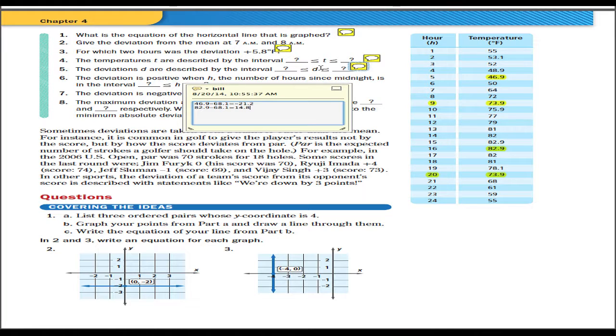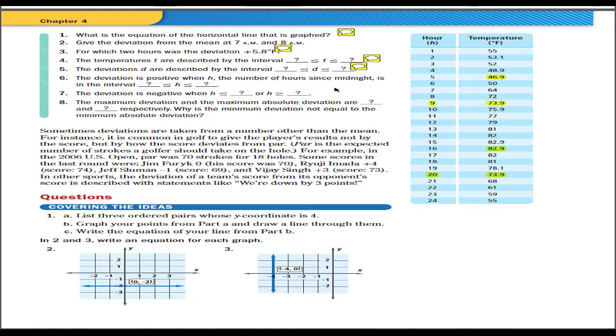The deviation is positive when h, the number of hours since midnight, is in the interval. So this is asking you when it has gone positive. At 7 o'clock, at 64, it's still going to be a negative deviation. At 8 o'clock, it's now at 72, it's going to be a positive deviation.